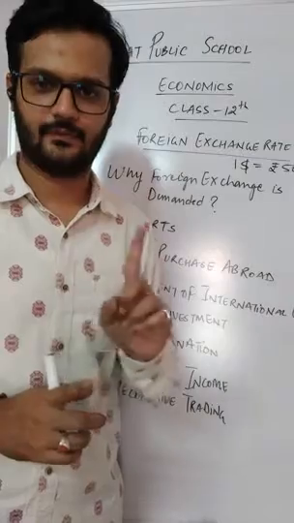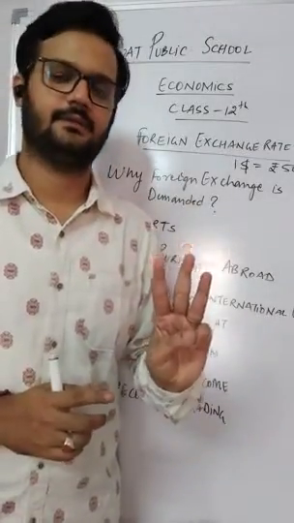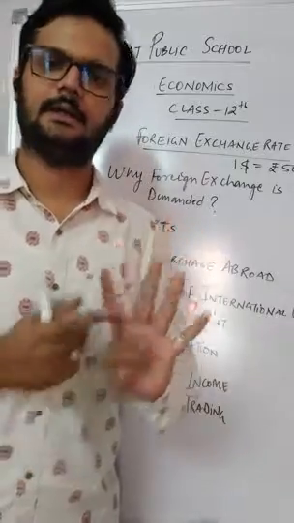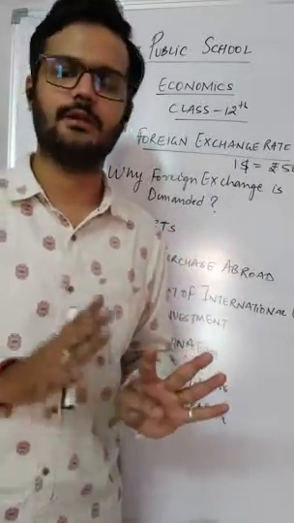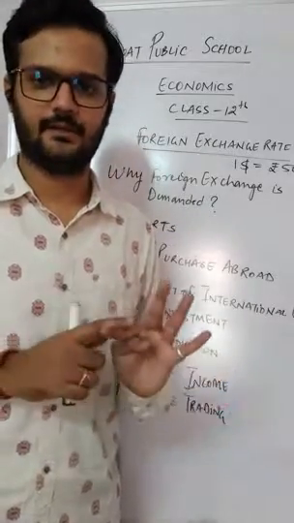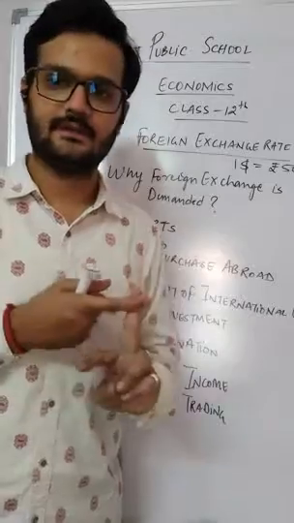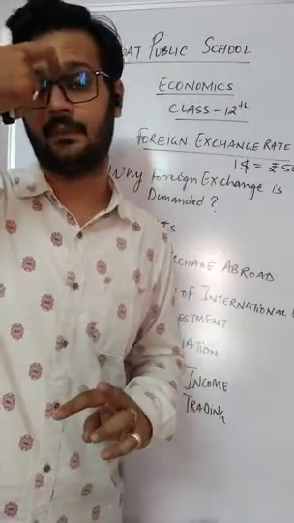Land first, labor second, capital, and entrepreneurship. Land is any land or office, any building; that is all included in land in economics. Labor: all the physical and mental efforts are included in labor.